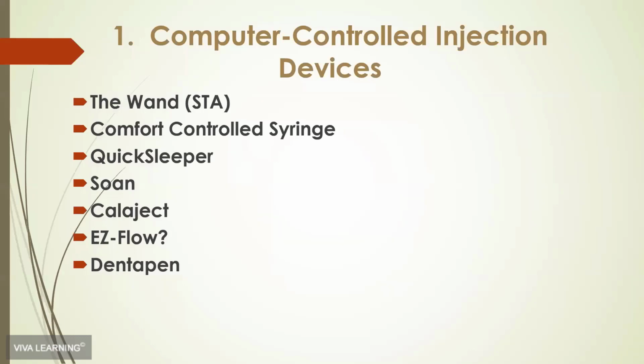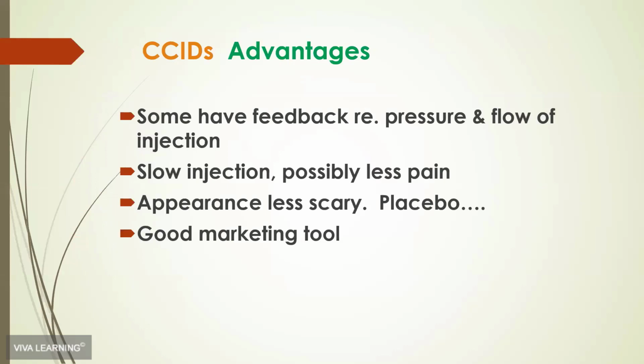These are all available in the US. They're not all available in Canada. Some are. You can make them any shape you want. You can program them to do anything you want. Once you're using a computer now, you have full control with respect to what they look like and what they do.